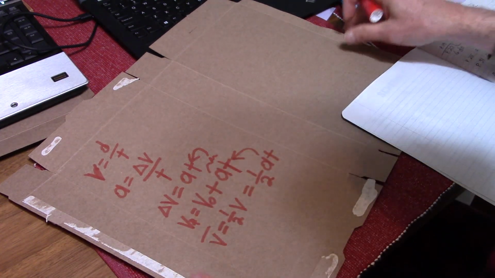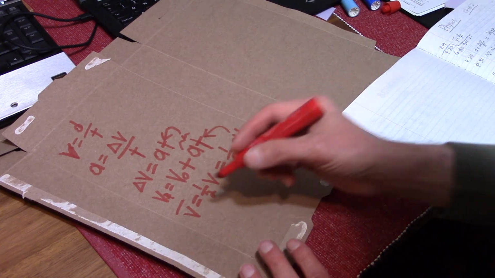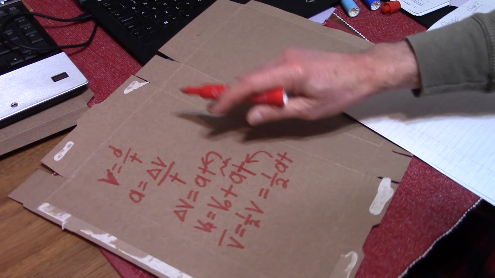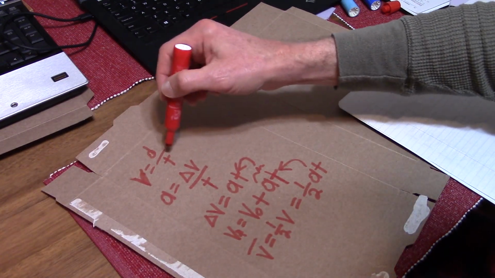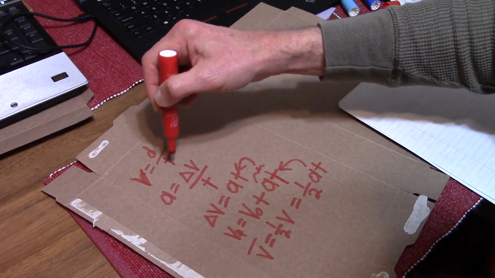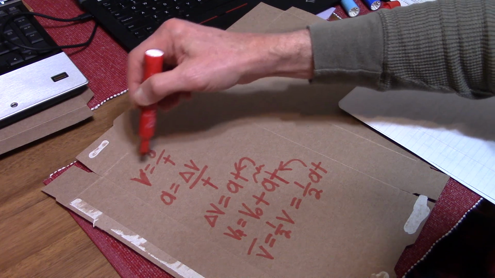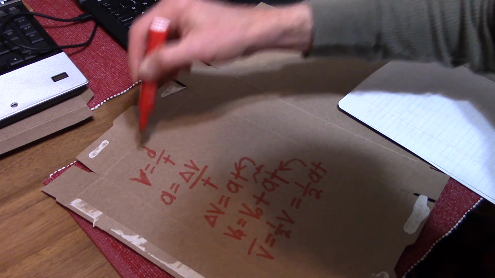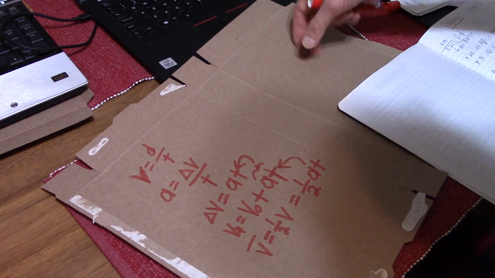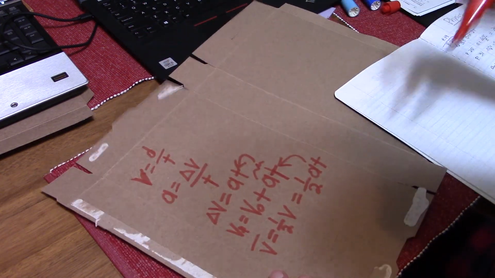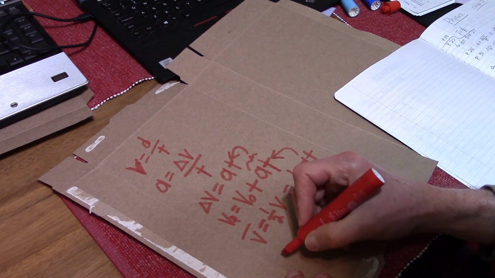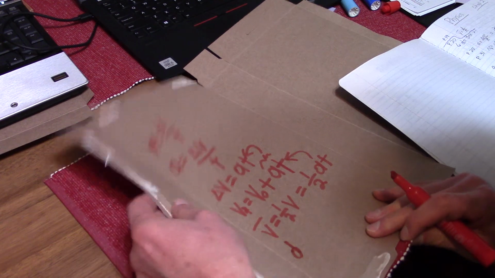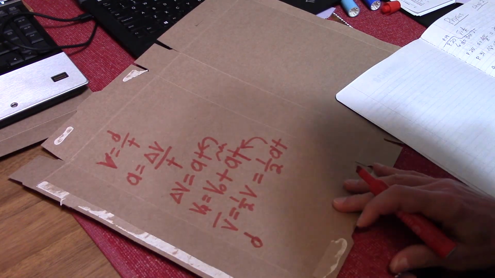Now, distance. Okay, so distance, we know from up here, distance would just be your velocity times time. That would just be doing the algebra, multiply both sides by t, and distance would be velocity times time up here, right? So distance, let me move this up, make sure you can see it.